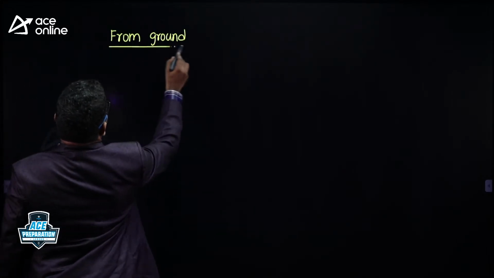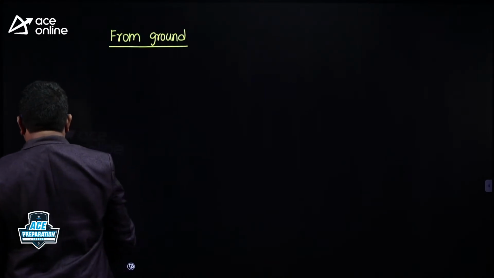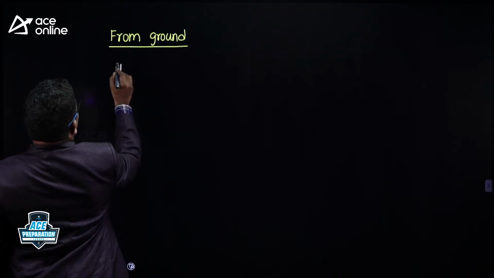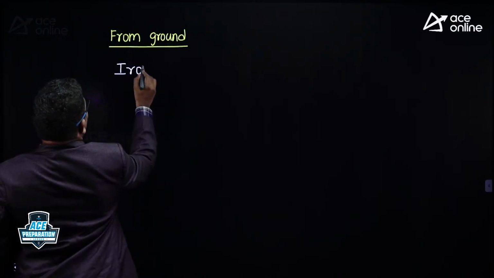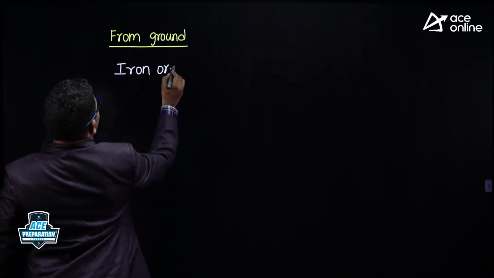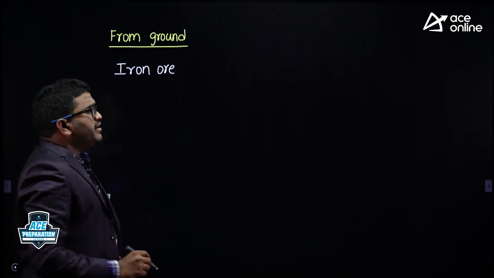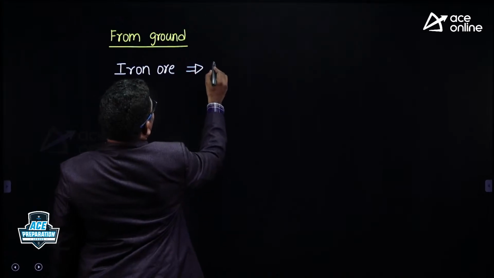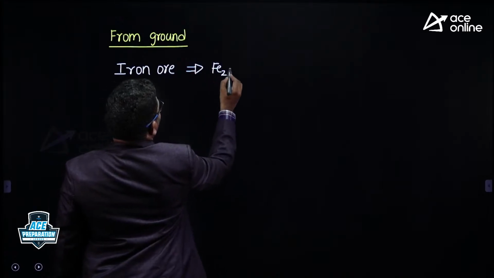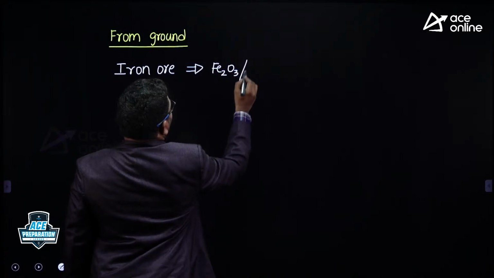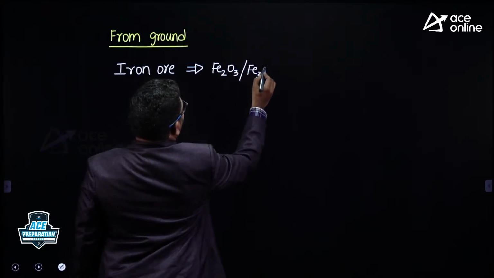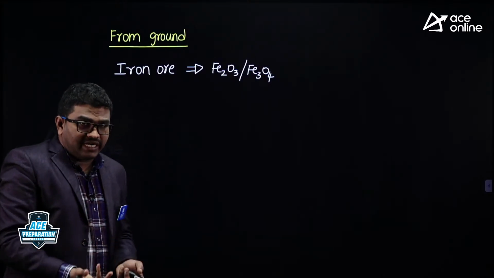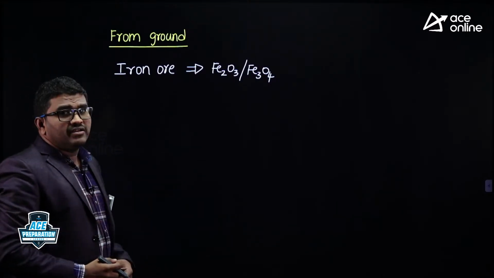So what is an iron ore? Iron ore is nothing but iron oxide, Fe2O3 or Fe3O4. Iron is present in the form of oxide, that is iron oxide.